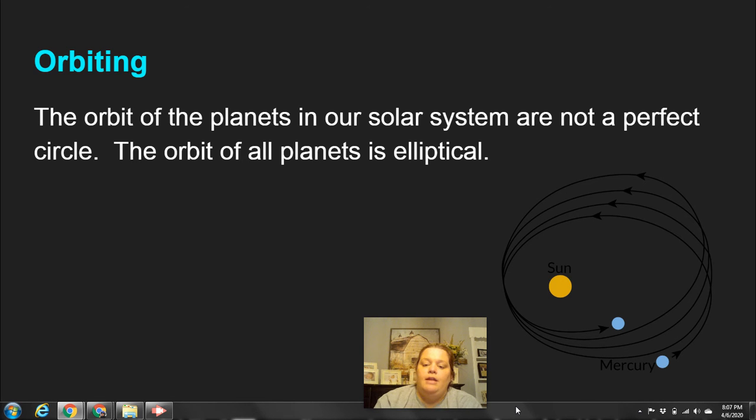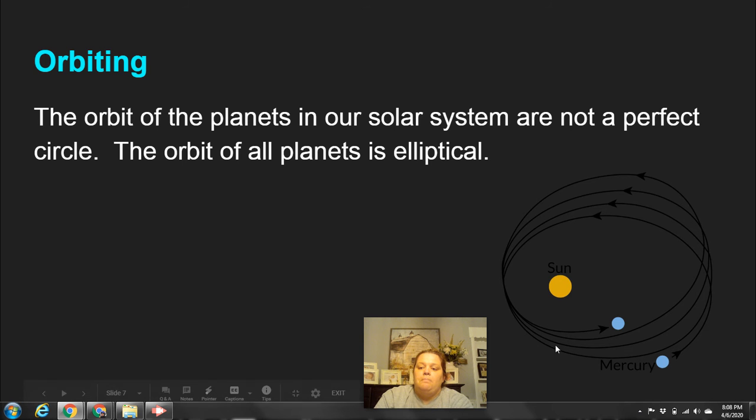If you can look at the picture right here, you actually see Mercury starts its revolution right here. And as you can see, as it moves, it's not a perfect circle. They usually are elliptical, and it kind of looks like an egg almost if you look at it.